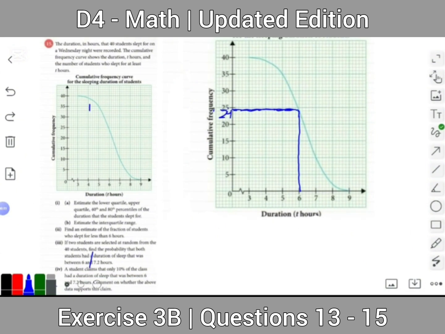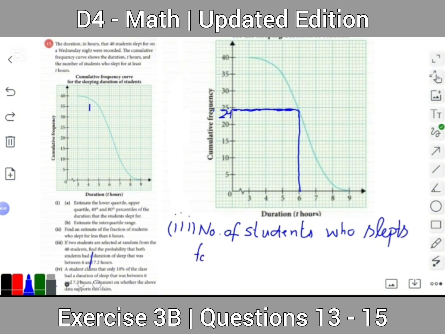Since we have found the number of students who slept for at least 6 hours, and that was 24 from part 2, now we have to find the number of students who slept for at least 7.2 hours.